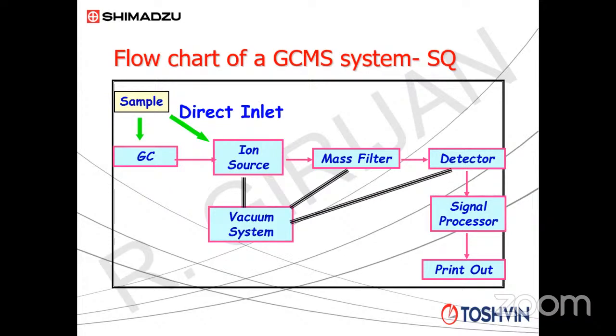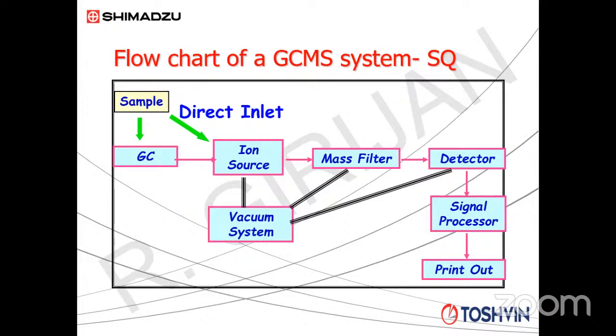So when the compound comes to the ion source, it will undergo ionization there. The ion source is the place where your sample is going to be ionized or fragmented. There are different types of ionization techniques. Ionization techniques used in GC-MS and in LC-MS are different. LC-MS has got different ionization techniques, GC-MS has got different ionization techniques.